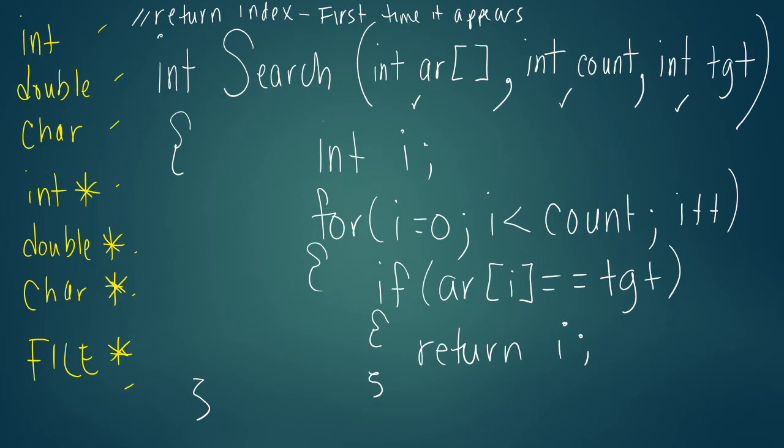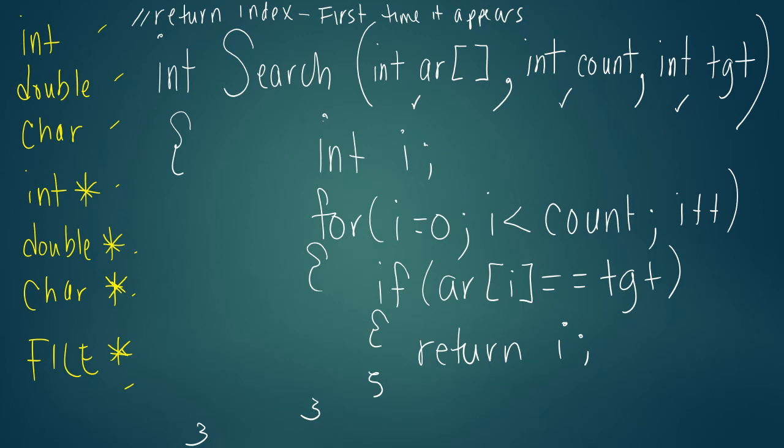So this loop, what it's going to do is it's going to go through and search through the array, whatever array we pass to it. It's going to take the number of elements that is in the array, and it's going to take the target that we're looking for. It's going to go through the array, starting at index 0, going up to count.